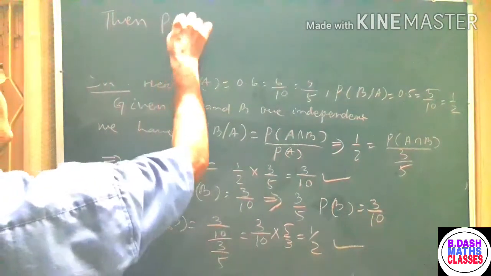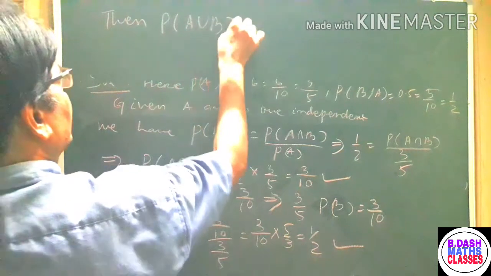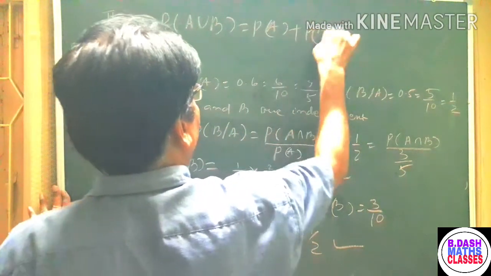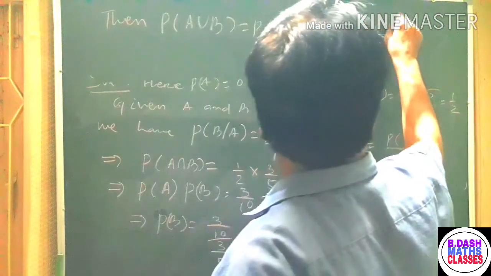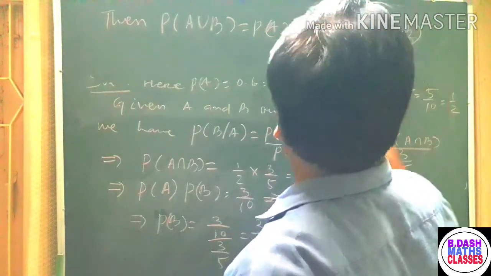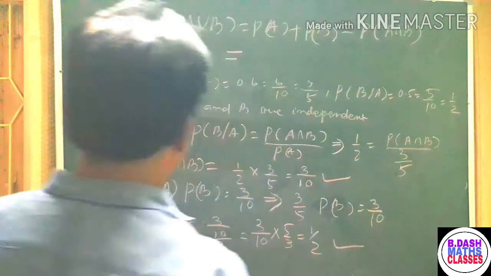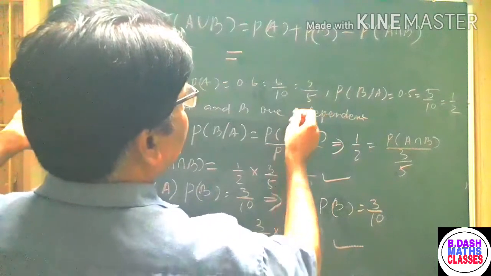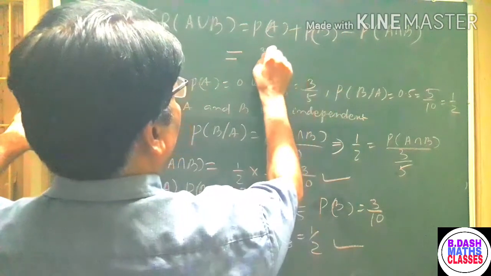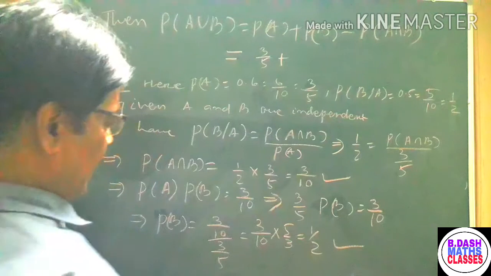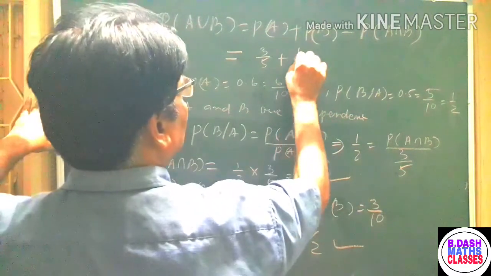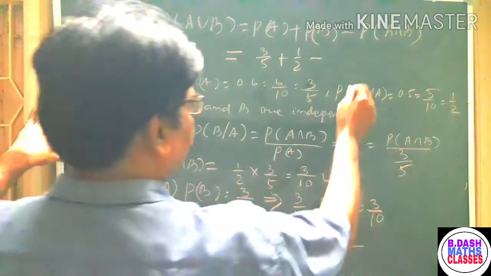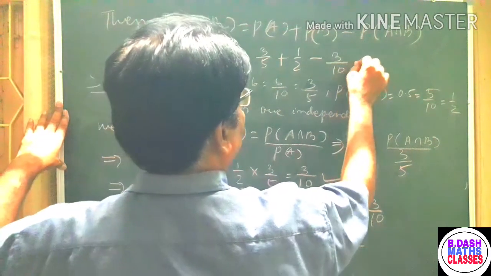Then P of A union B is equal to P of A plus P of B minus P of A intersection B. This is equal to, here P of A is equal to 3 by 5, P of B is equal to 1 by 2, and P of A intersection B is 3 by 10.